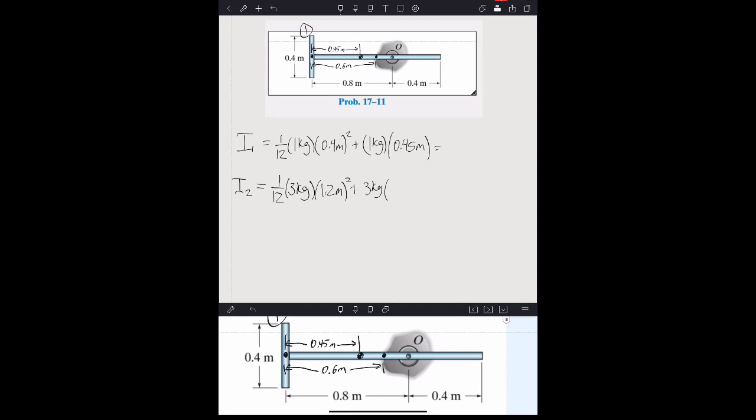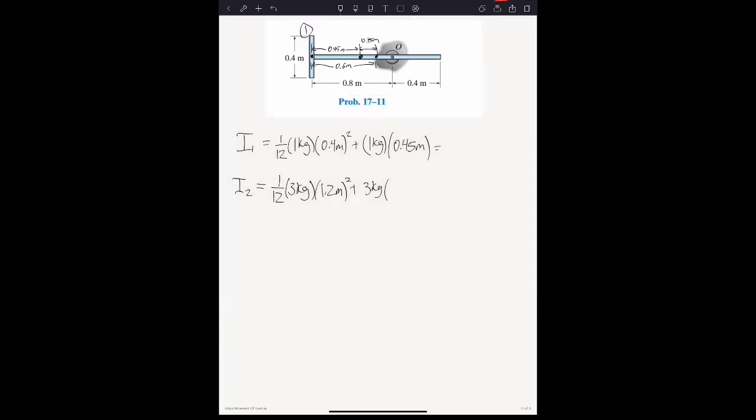So what's the distance between here and here? 0.15 meters. So back to our formula. 0.15 meters squared equals something. The overall moment of inertia about the center of mass is equal to I1 plus I2, which is equal to.